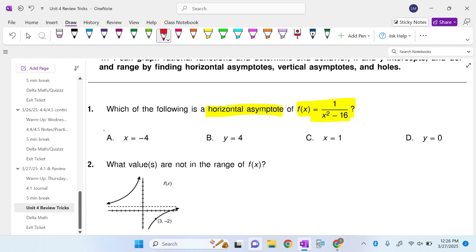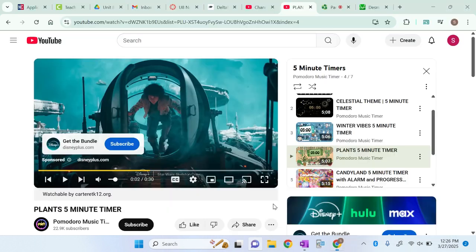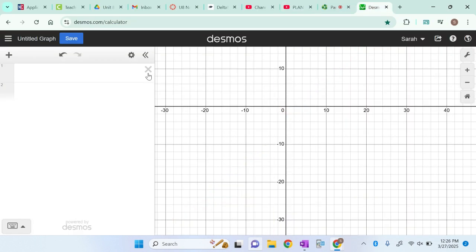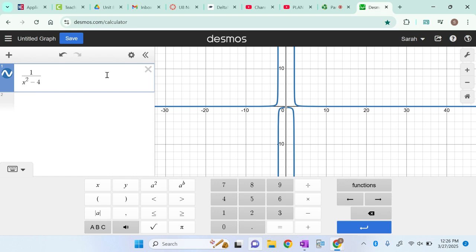A and C, because if you graph those in Desmos, which you can just to check, they give you vertical lines. Now, I'm going to graph the 2 remaining lines in Desmos as well as this function, and see which line the graph does not cross. So in Desmos, I'm going to type in this function: 1 over x squared minus 4.